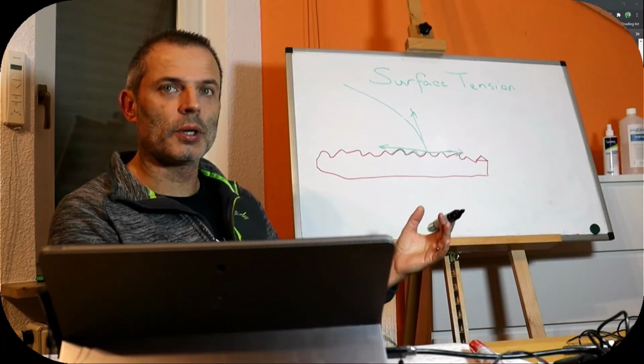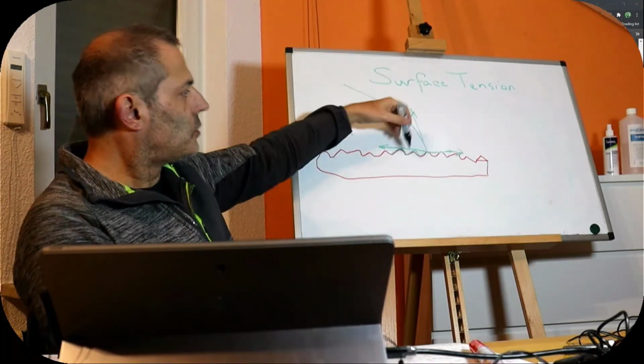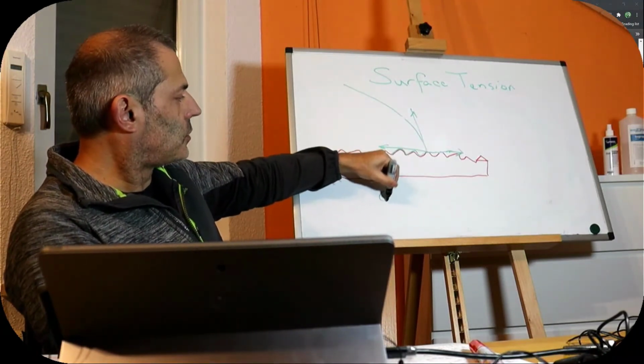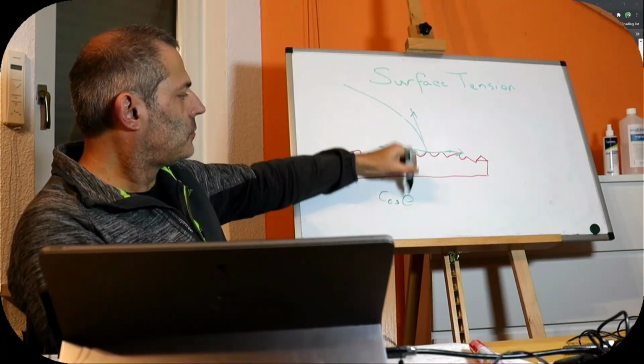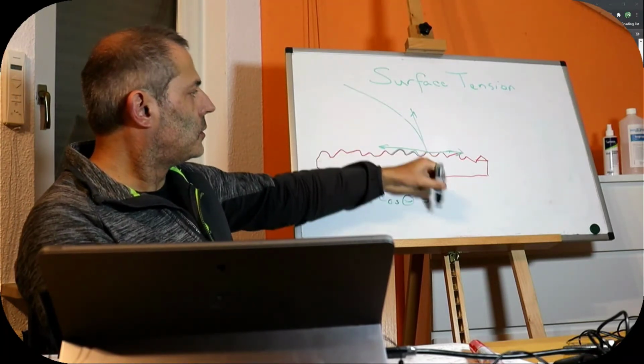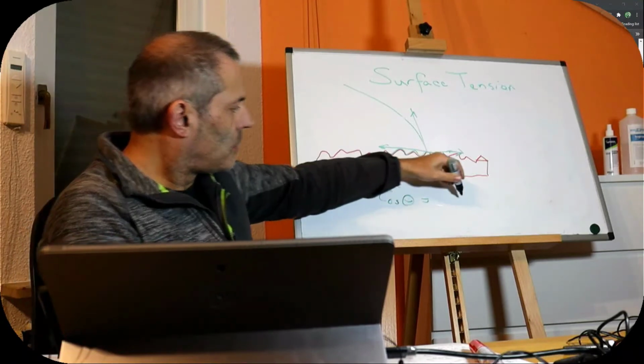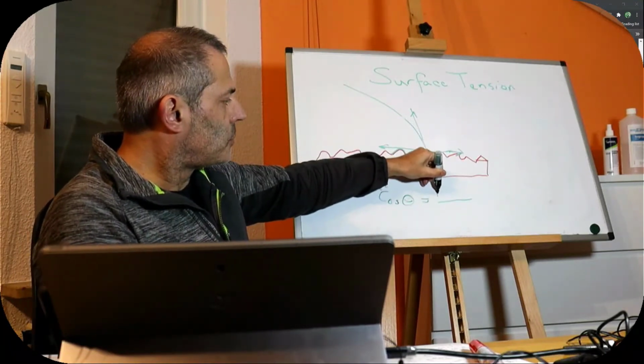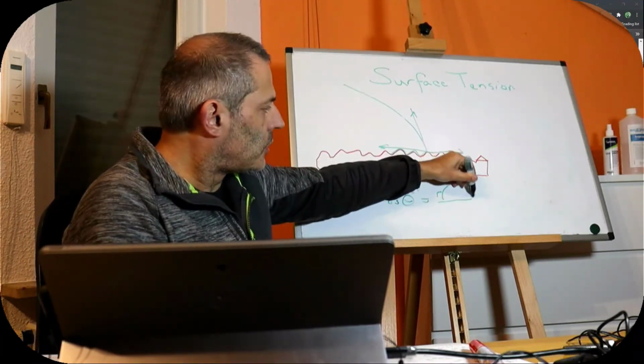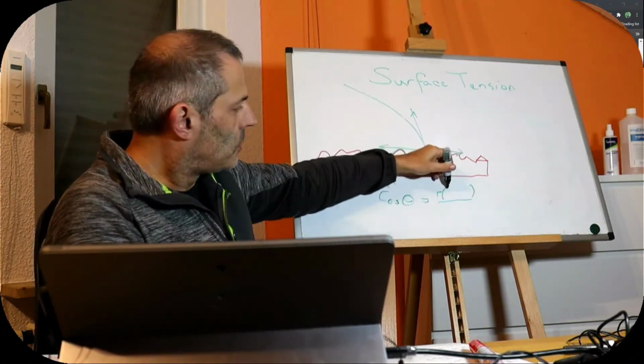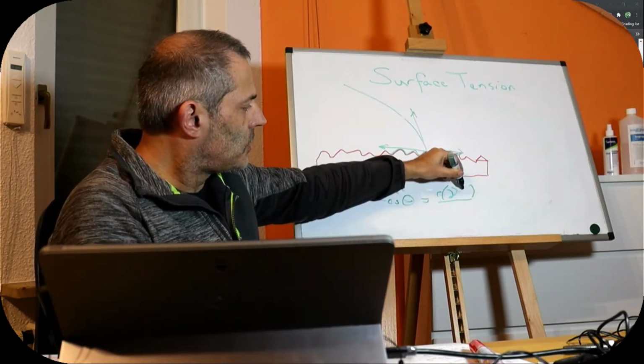That gives us another equation, which is logically exactly the same. So we've got the cos of the angle is equal to the roughness factor, which we call R, multiplied by 2 surface tensions.